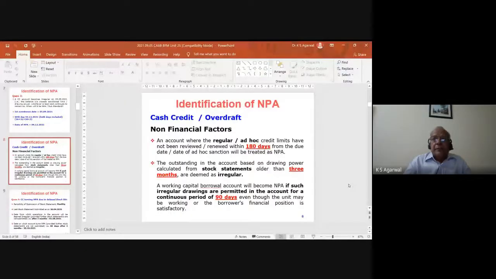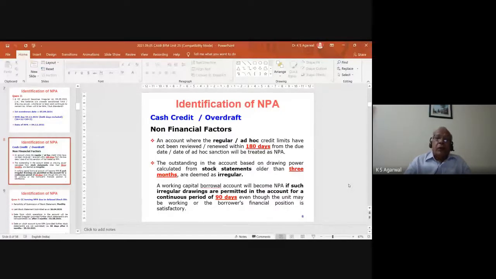Today I have released a limit, 5th September 2021. Its due date of renewal is 5th September 2022. And from that date, 5th September 2022, if 180 days have elapsed and it is not renewed or reviewed, then this account will become NPA.